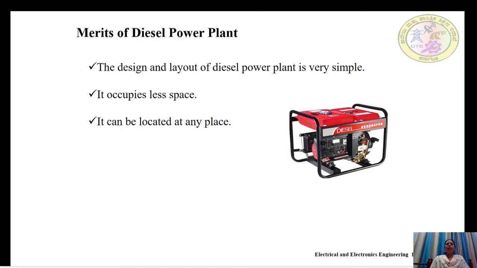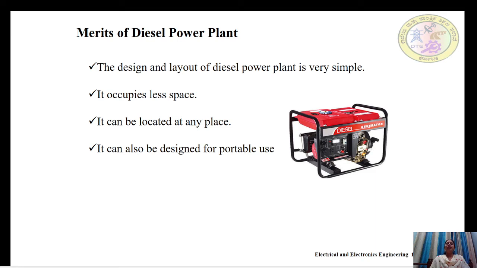It can be located at any place. This means that we can install it near the load center. If we install it near the load center, we can reduce the transmission cost and transmission losses also. It can be designed for portable use as shown in the image.